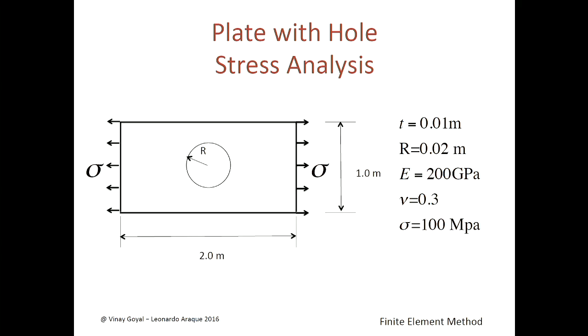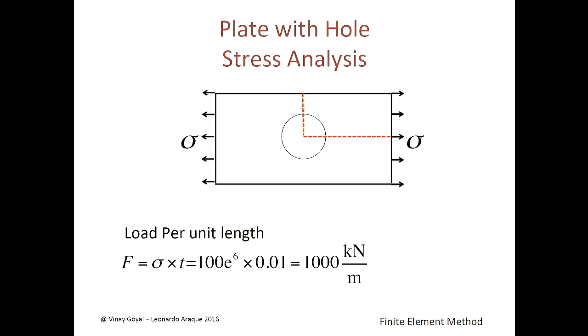Okay, so to use the application in Abaqus, we're going to solve this problem. It's a plate with a hole in the middle under uniaxial stress. All right? We're going to take advantage of the 2 planes of symmetry that we have in this problem. So it means that we're going to just model a quarter of the plate.